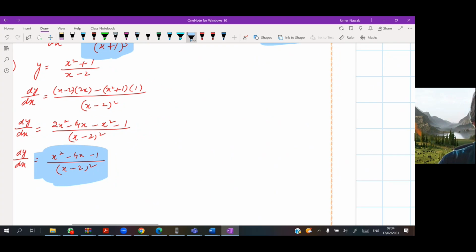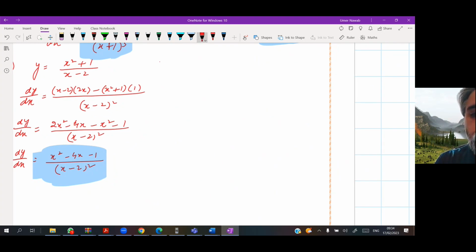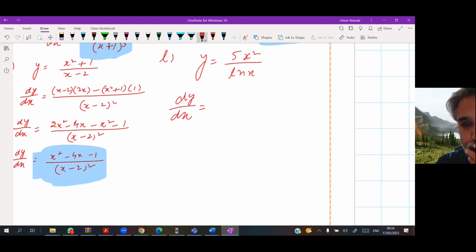I'm going to go to the L part, which is the last part in quotient rule. I hope after doing all these questions, you will have complete command on quotient rule. Denominator, put a square, and ln of x. Derivative of 5x squared is 10x minus 5x squared.